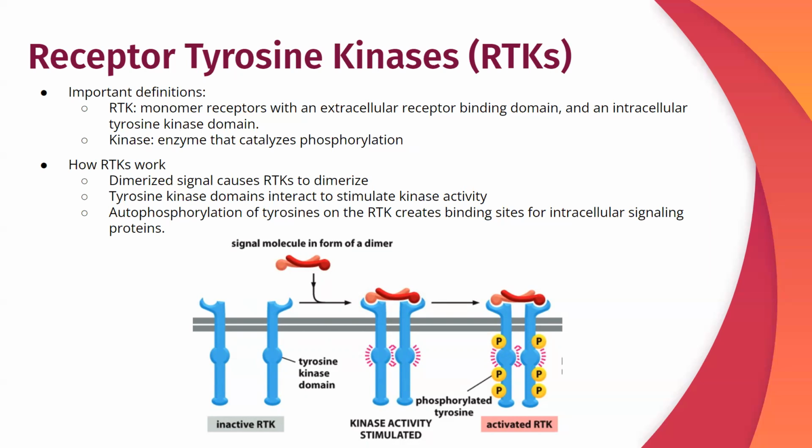And how RTKs work: you need a signal to bind on the extracellular portion for the 2 molecules to dimerize, which is to form a single complex. And once that happens, they are able to create binding sites for intracellular signaling proteins.